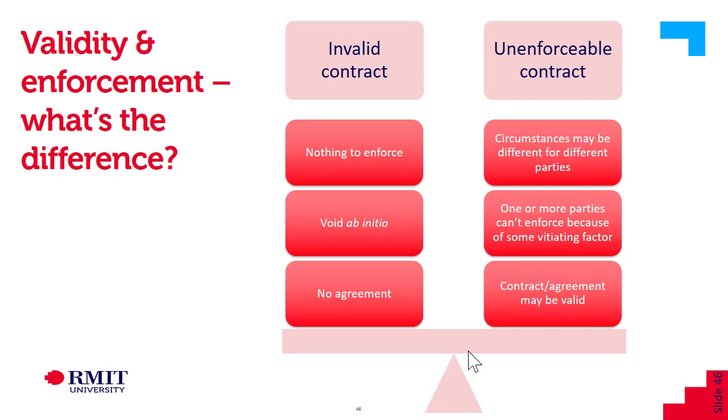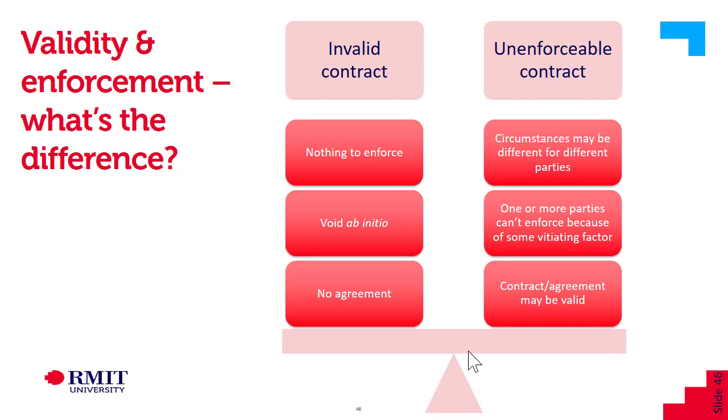So the circumstances are different depending on the parties involved. In the area of capacity in particular, particularly when we talk about the ability of children to contract, we end up in this funny situation where a child might be able to enforce a contract but can't have the contract enforced against them. So the circumstances can be different. So that's an unenforceable contract.